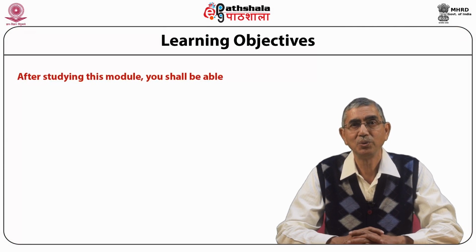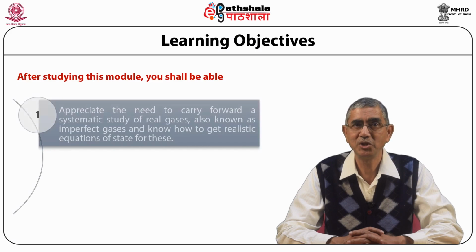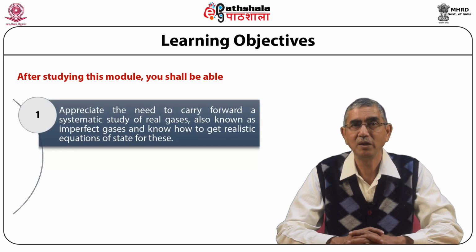After studying this module, you shall be able to appreciate the need to carry forward a systematic study of real gases, also known as imperfect gases, and know how to get realistic equations of state for these.